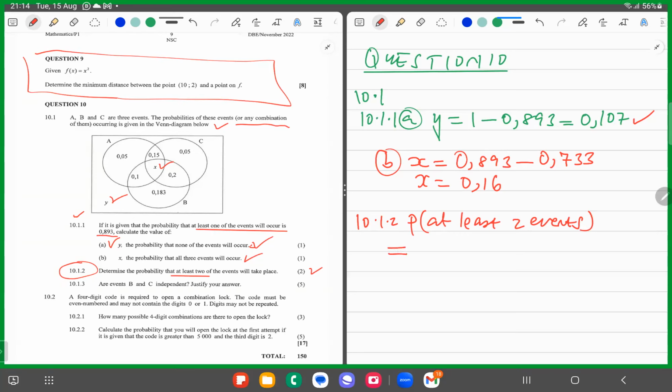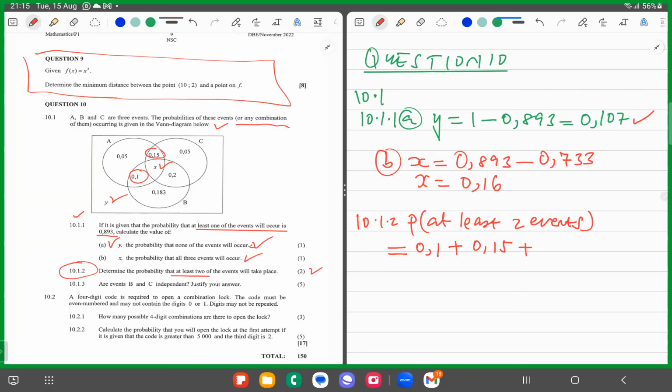If at least two events will occur, then you'd have the following: 0,1 plus 0,15 plus 0,1. That takes care of two events, 0,15 takes care of two events.